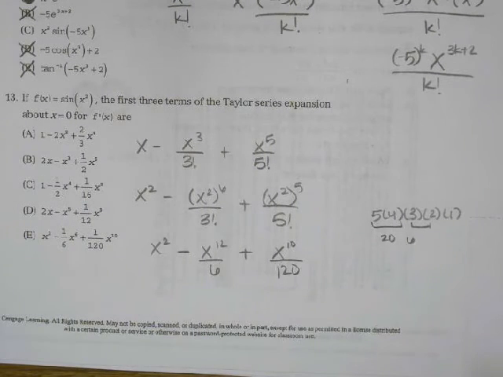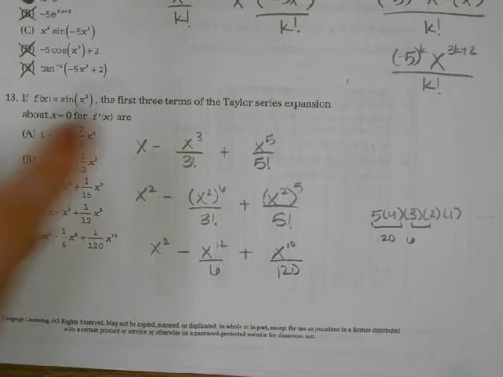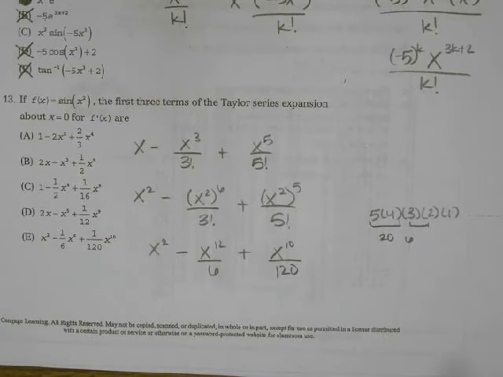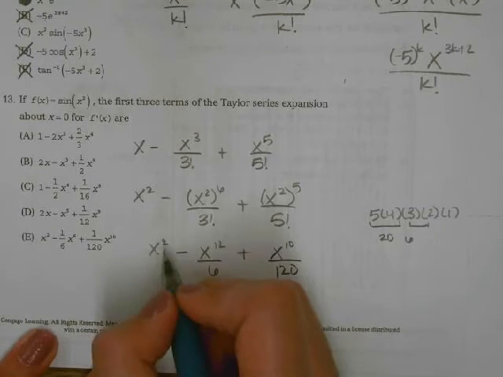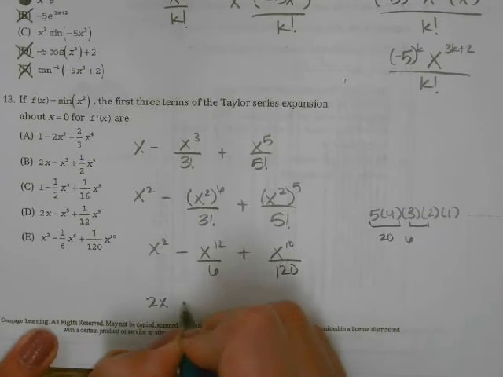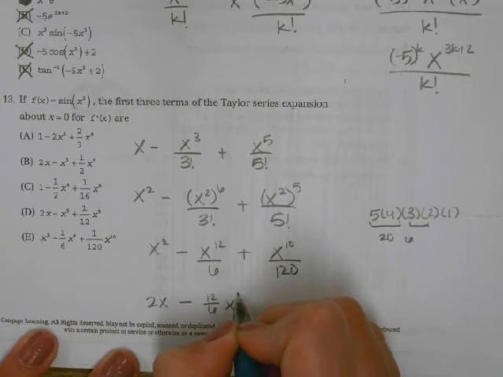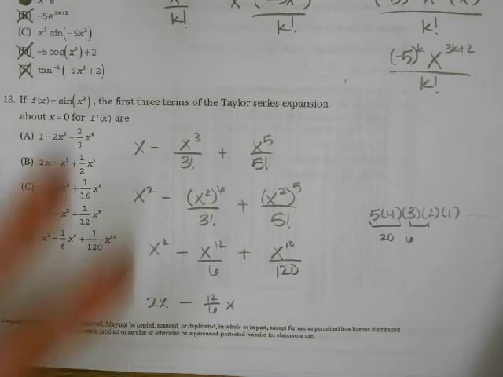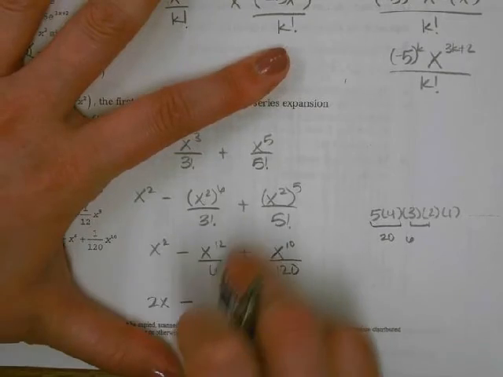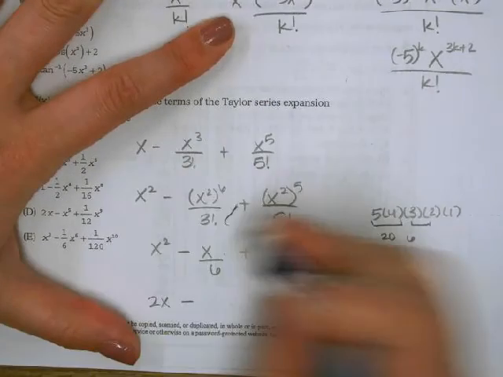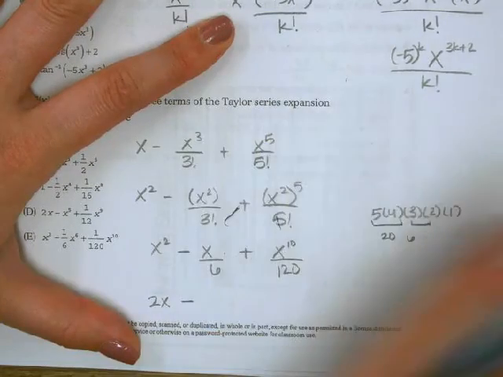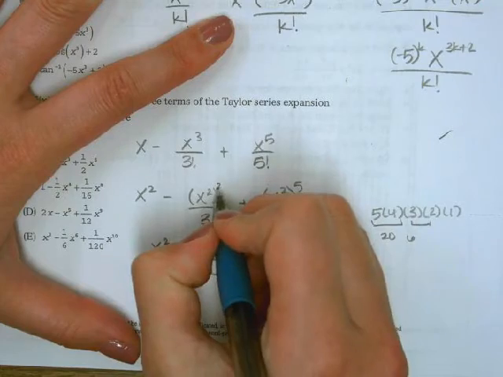Oh, and then these are not the answers. It says f prime of x, so now you have to take the derivative of that. So f prime of x, that's 2x minus 12 over 6x to the... hopefully you guys noticed this one, I didn't. 2 times 3 is 6.